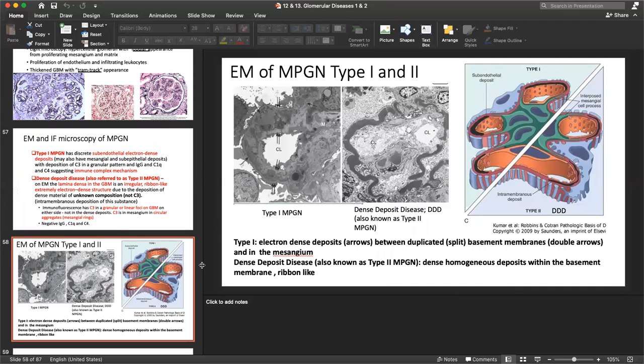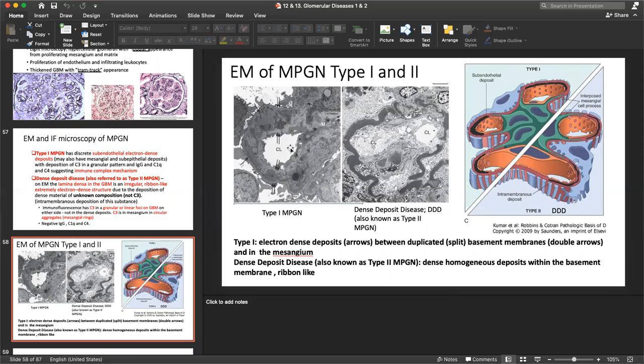So here's type 1 and type 2. So remember, we've got subendothelial deposits on our type 1. So we can see the dense deposit right here, this dark stuff, in the basement membrane, in the mesangium.